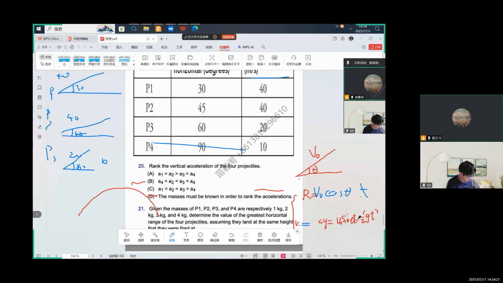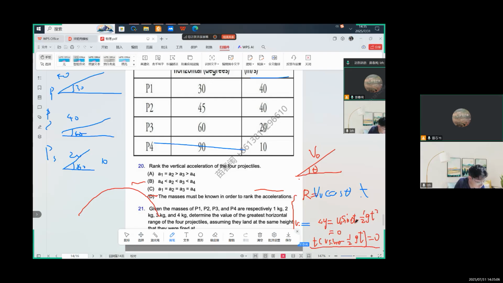Does that make sense? This is a little tricky because the projectile thing is a little difficult to do, though not that difficult. Since this is 0, I can get the t out. It's v0 sine theta minus 1/2 g t, times t, equals 0.